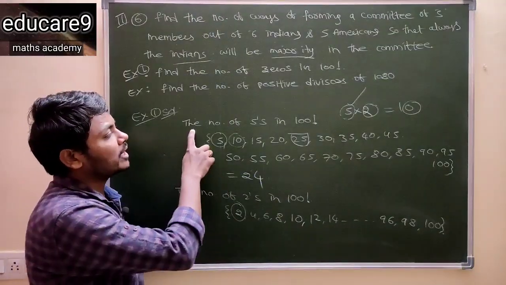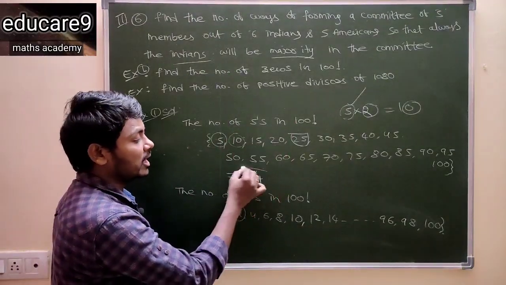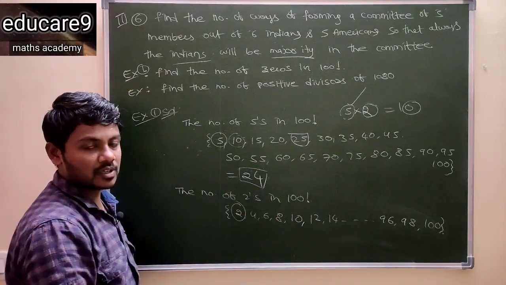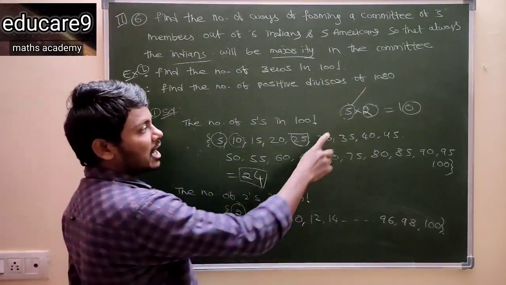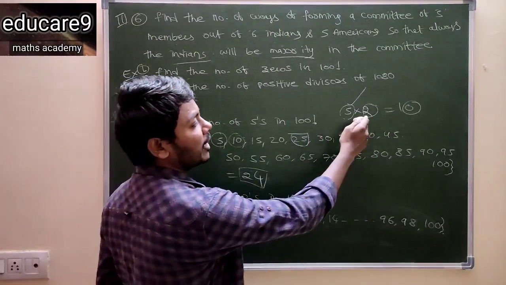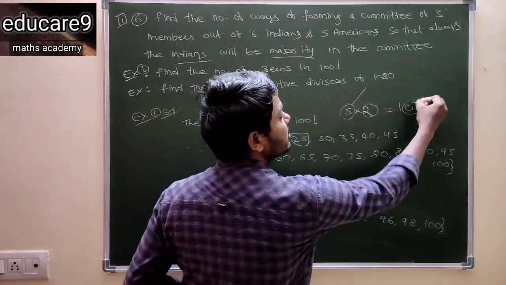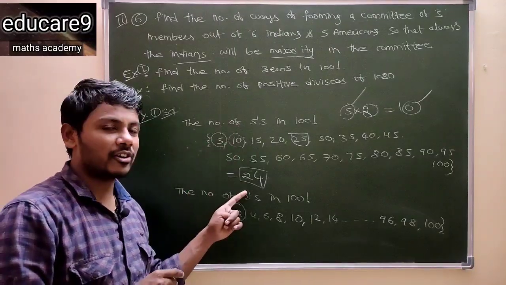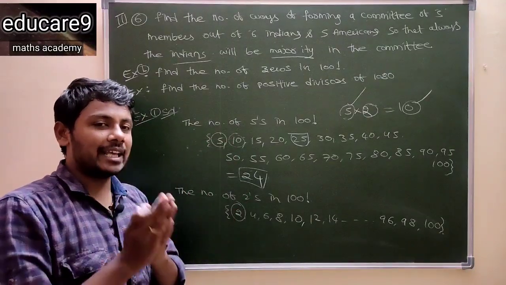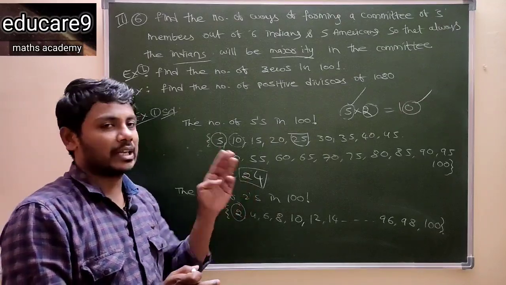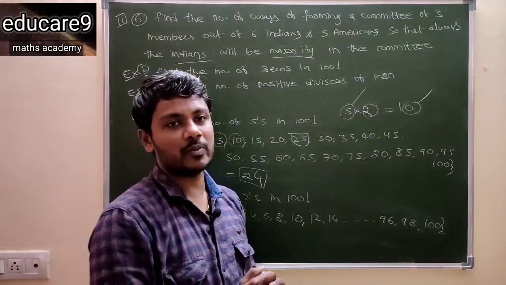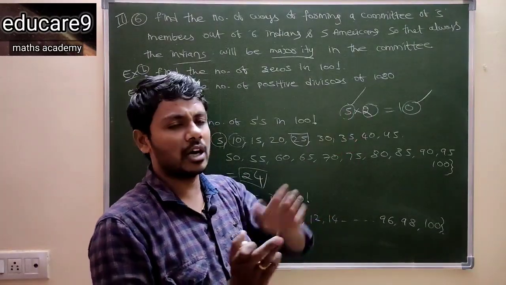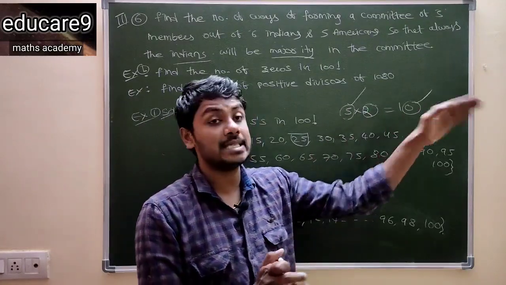See here, the total number of 5's in 100 factorial is 24. You know that the product of 5 into 2 is 10, so it gives a single zero. The total number of 5's is 24, so clearly you need to select a total of 24 2's, because the product of 5 and 2 is 10.